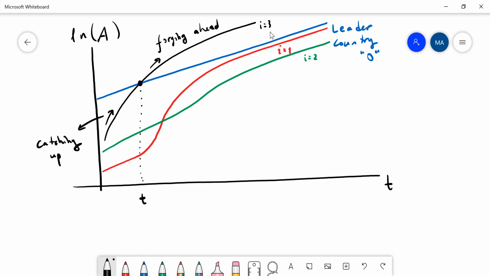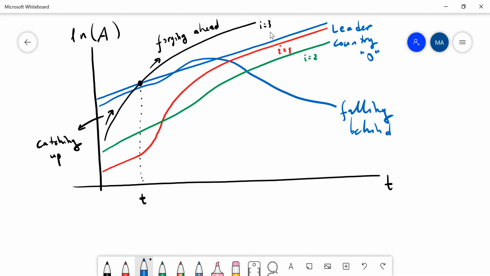Now, there could also be another country like here, okay? And that country can fall behind, okay? So that country could be similar to the leader.